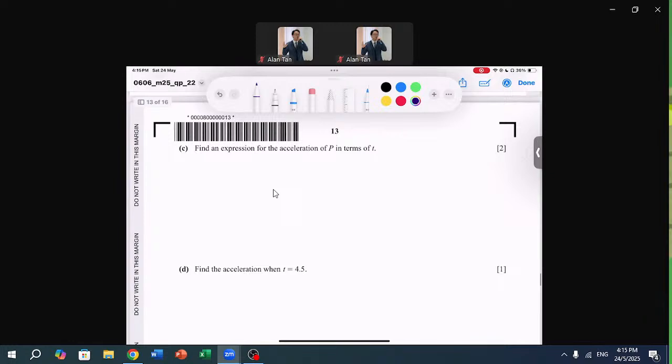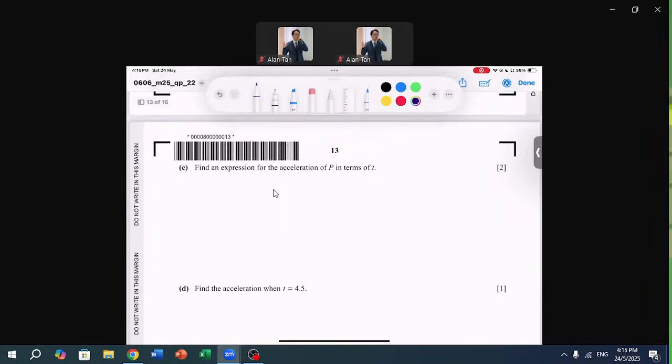Find an expression for the acceleration of P in terms of t. So v equals 10 over (2t plus 1). Acceleration is the differential of velocity. v is also 10 (2t plus 1) to the power of negative 1.